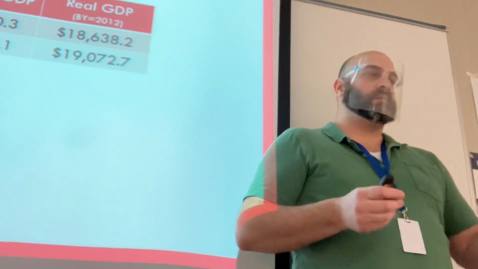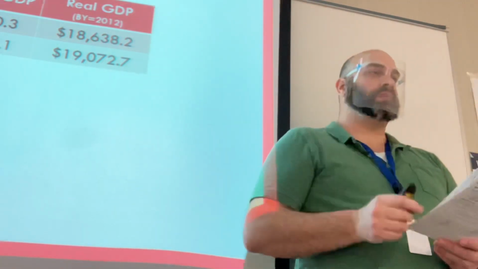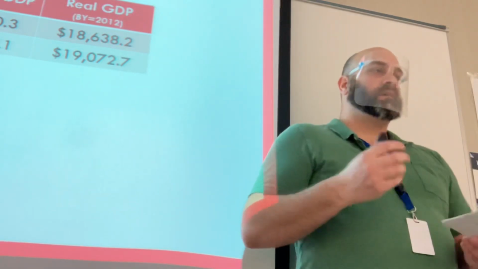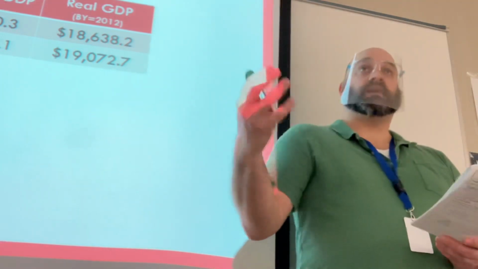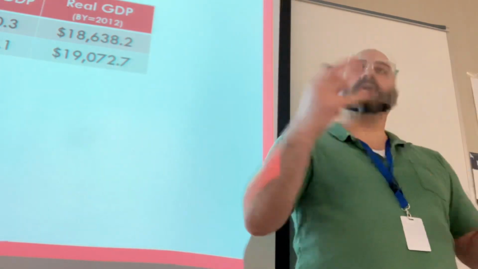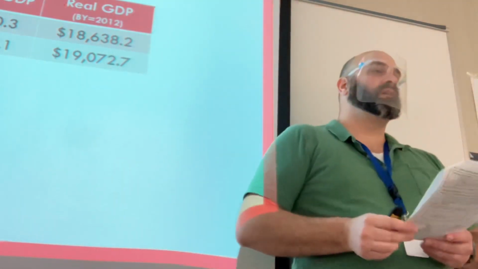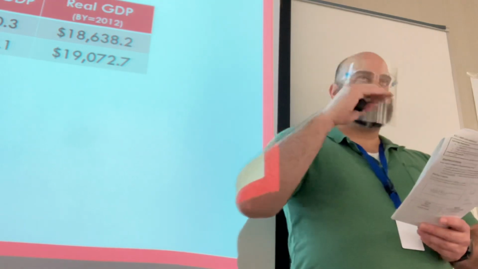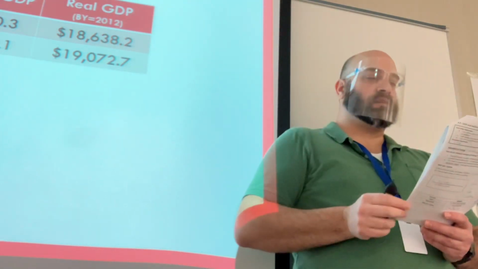And same thing the next year. There's a difference of $2 billion between the nominal, the dollars that we have today, versus the 2012 one. So we can compare it year to year. So we have a base year is what they call it.